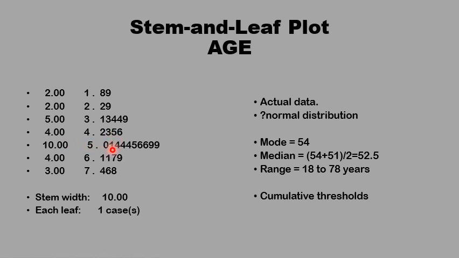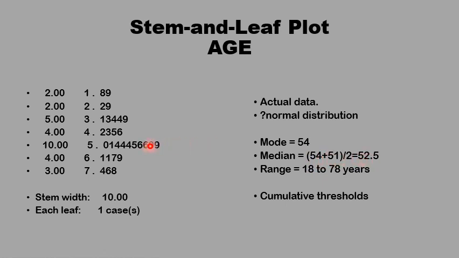So 51 should be the number 15 score, and the number 16 score will be 54, because the median of an even set of numbers is the average of the 2 middle marks. So the median here would be the average of 54 and 51, which is 52.5.